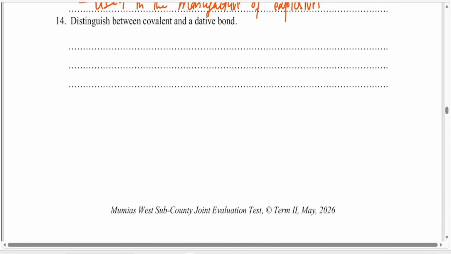We need to understand that covalent bond is a type of bond that involves two atoms, each contributing to the shared pair of electrons, while the additive bond is a type of bond where the shared pair of electrons is contributed by only one atom.